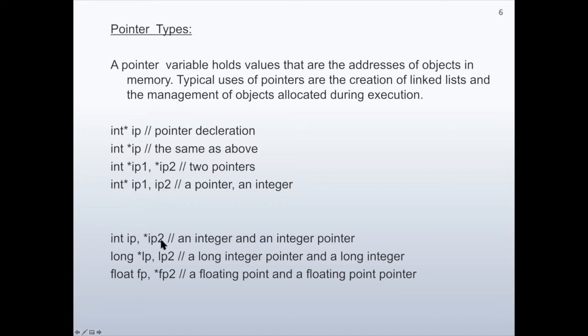If we write in the form int ip, *ip2, this is a declaration of an integer and an integer pointer. If we write long *lp, lp2, this is a long integer pointer and a long integer. With float fp, *fp2, the first one is a floating point number, and the second one is a floating point pointer.